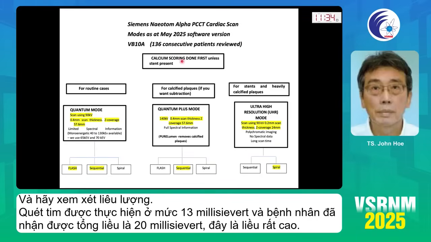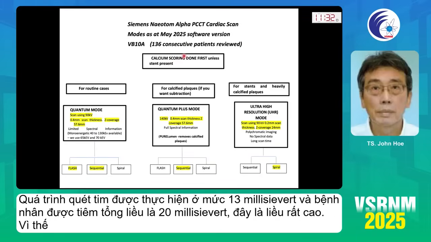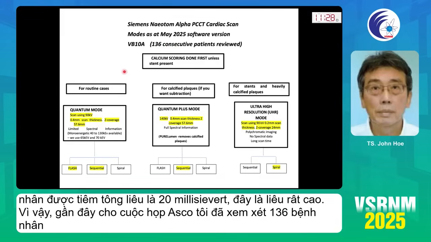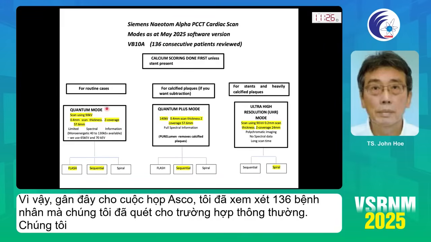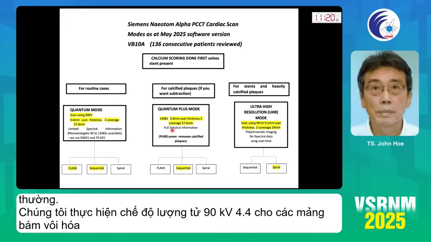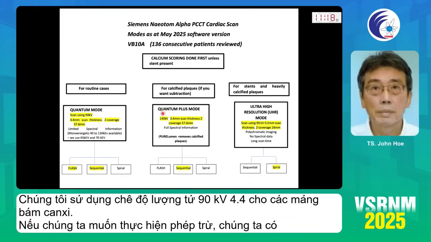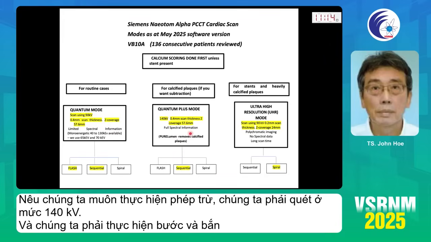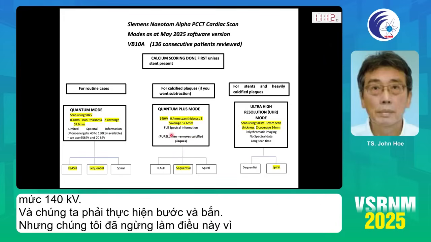So recently, for the ASCI meeting, I looked at 136 patients that we scanned. For routine cases, we do quantum mode, 90 kV, 4.4. For calcified plaques, if we want to do subtraction, we have to scan at 140 kV and do step and shoot. But we have stopped doing this because the software that removes the calcified plaque doesn't work so well.